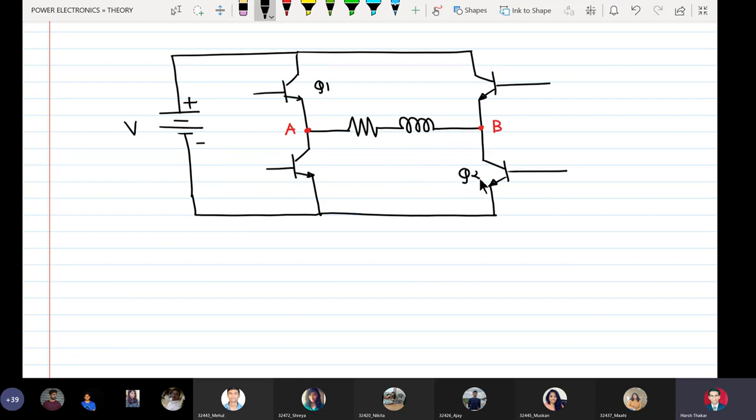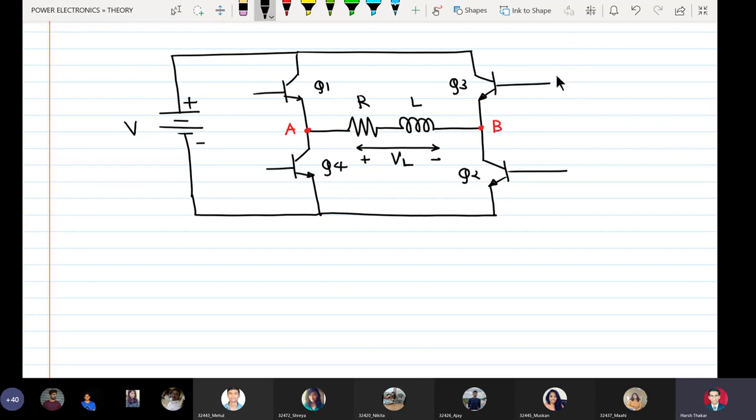Q1, Q2, Q3, Q4, R and L. And students, please understand that output voltage has a convention plus minus VL. Okay. That means what? If node A gets connected to positive plate of battery and B to the negative, then VL is positive. On the other hand, if the node A gets connected to negative plate and node B gets connected to positive plate, it is negative.